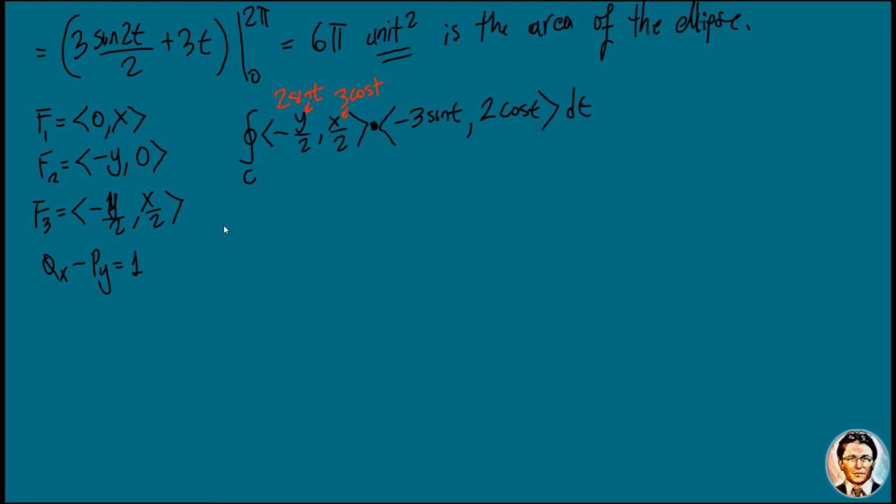So if we do the dot product, it is going to be minus times minus, 0 to 2 pi. Simplify the 2's: 3 sine square t plus 3 cosine square t.